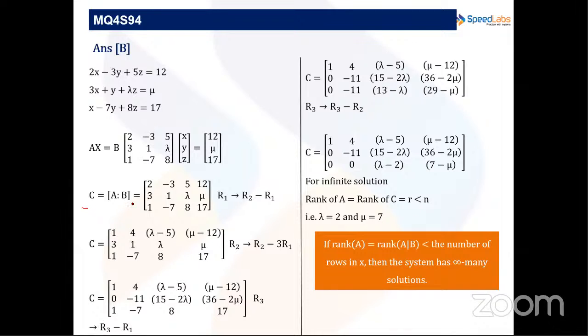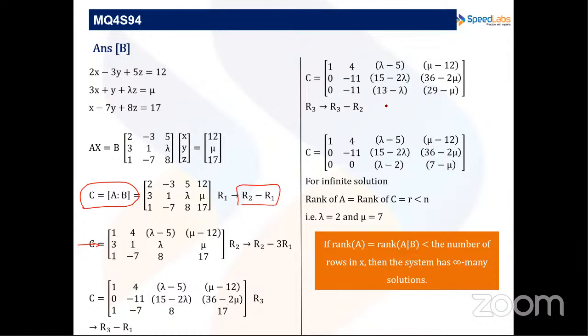So we wrote C. Now we will try to make zeros in here. So what we did is first of all R1 minus R2 minus R3. So we got this. Again in R2 we applied one more operation and in R3 we applied the operation.